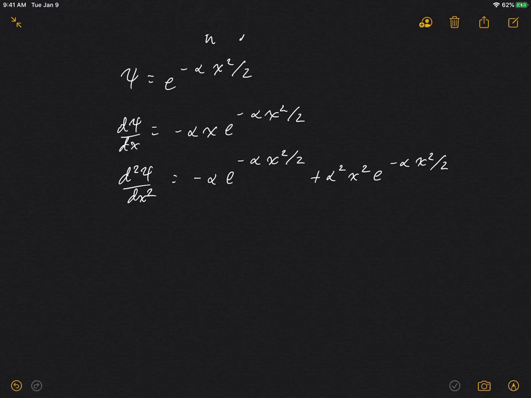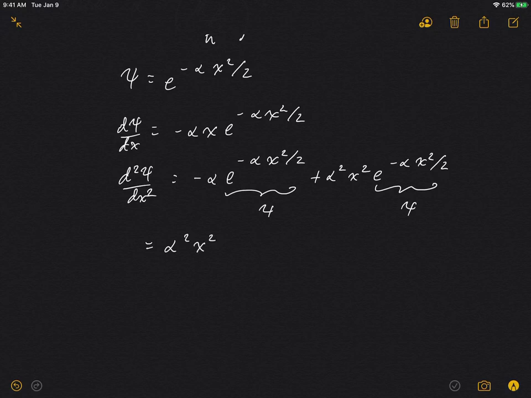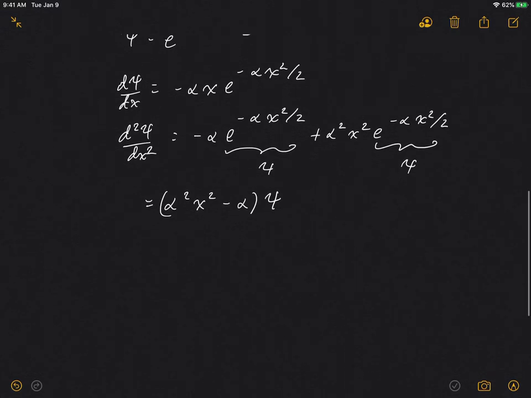In other words, we can factor out our psi here. Since this is psi and this is psi, this gives us alpha squared x squared minus alpha, times psi. So then if we plug this into our Schrodinger equation, first of all, let's write down what the Schrodinger equation is.